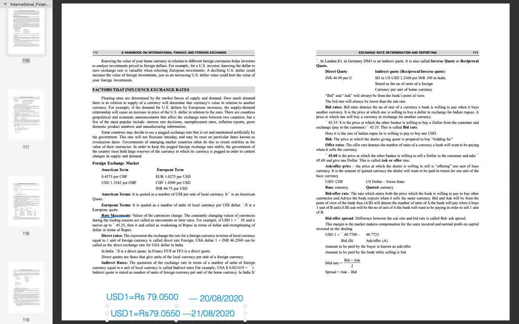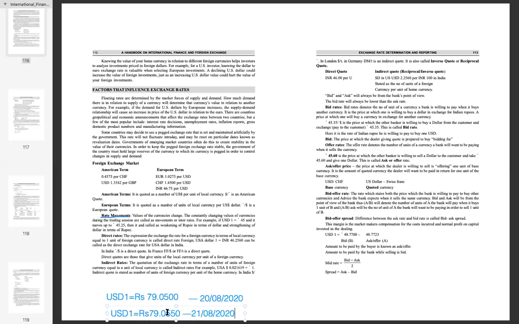This we have already seen in my earlier classes. USD 1 equal to 79.0500 today. Tomorrow, if it moves up to 79.0550, which means dollar has moved up against rupee, or rupee has fallen down against dollar. This is how we read it.